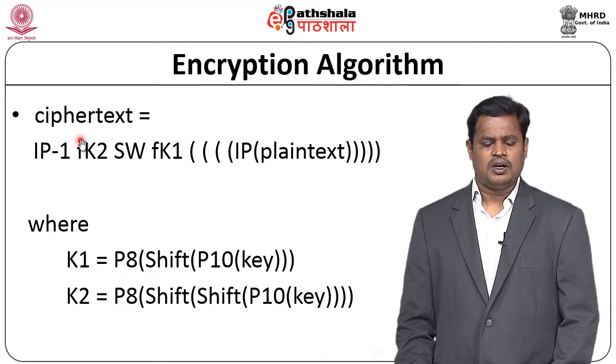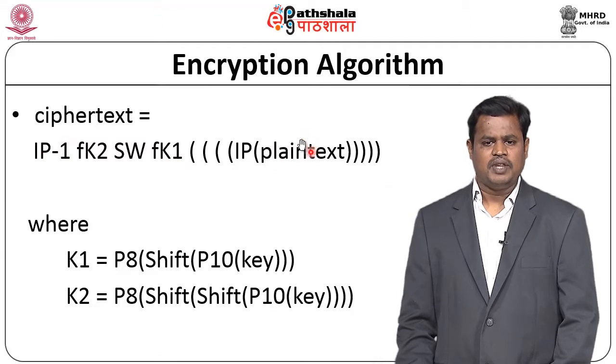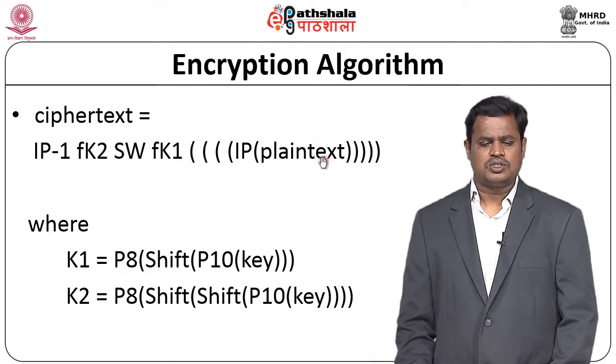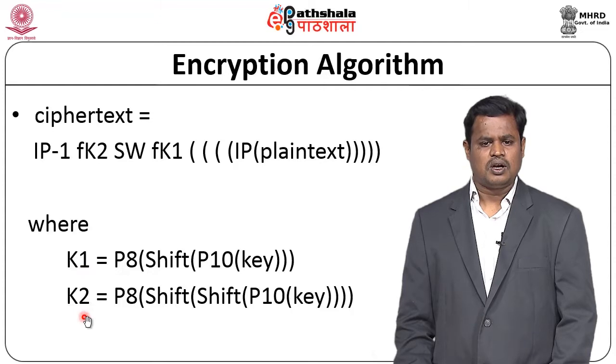Then I go for function K2, which uses key 2, and then the inverse permutation is the last step. That is why we have to read from the inner brackets to the outer. This is how we generate the ciphertext, where K1 and K2 are the keys for round 1 and round 2.